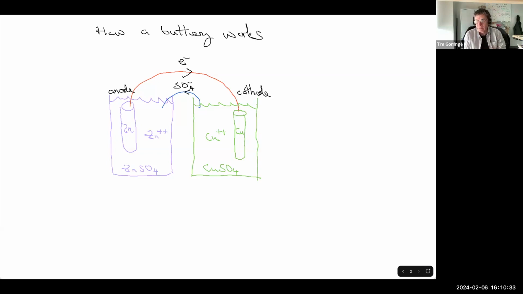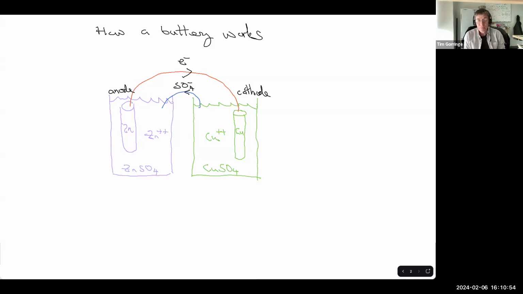Motion energy is turned into electrical energy in an electrical generator. Light energy is turned into chemical energy in plants through photosynthesis. And also chemical energy is turned into electrical energy, and that's by a battery.